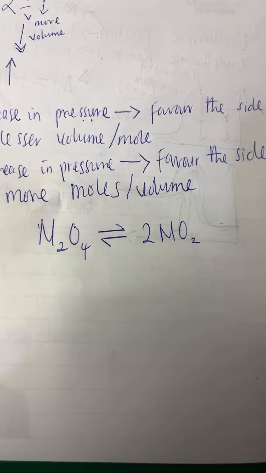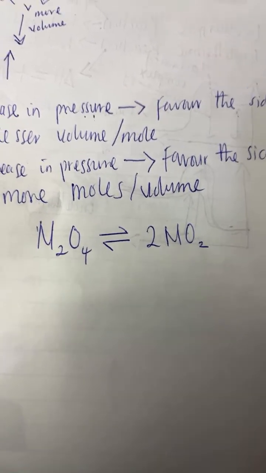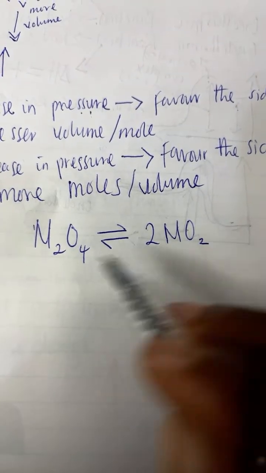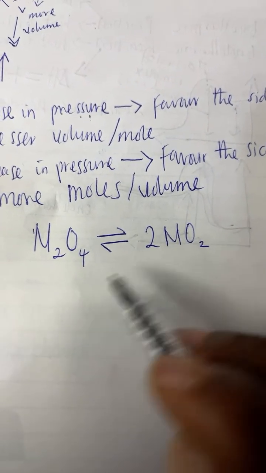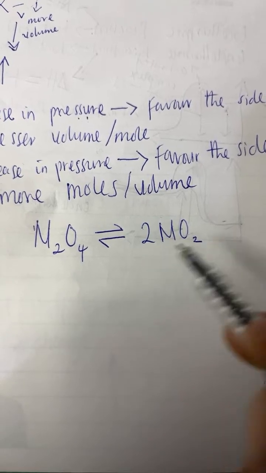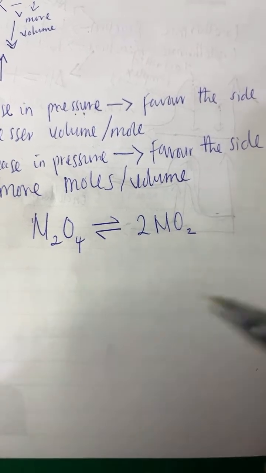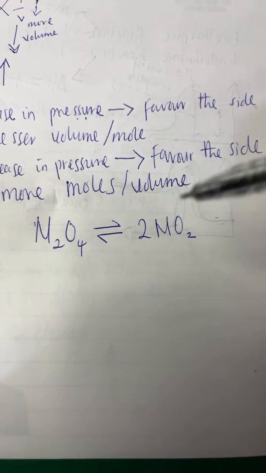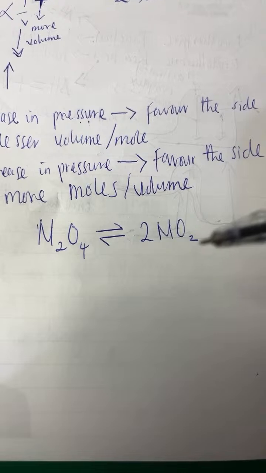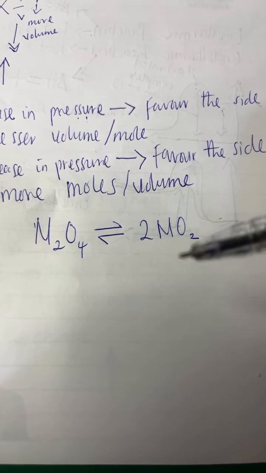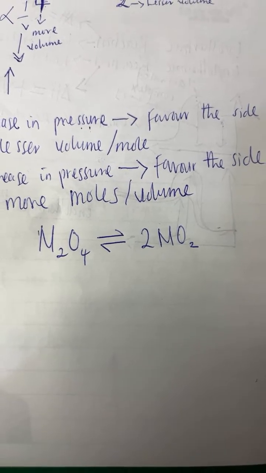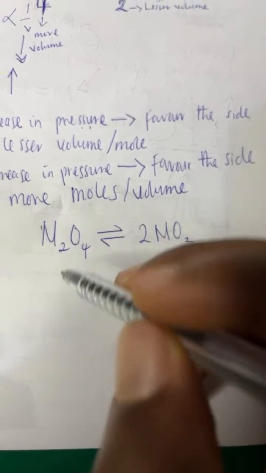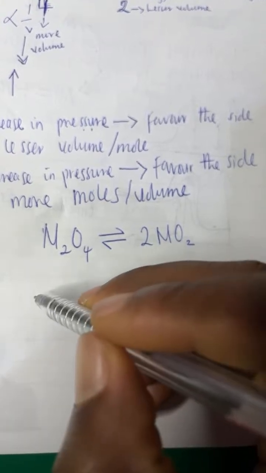If there is an increase in pressure, will it favor the forward reaction or the backward reaction? For this reaction, if I increase the pressure, will it favor the forward reaction or the backward reaction? Correct, people are correct. It favors the backward reaction.